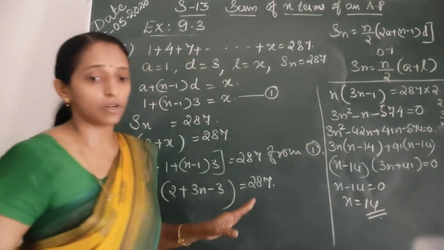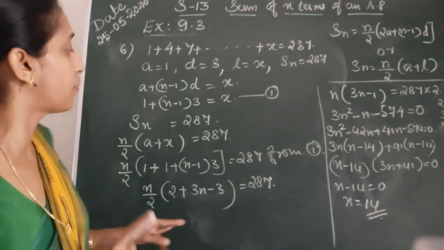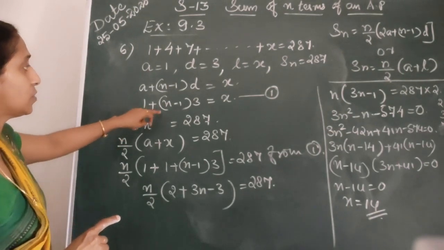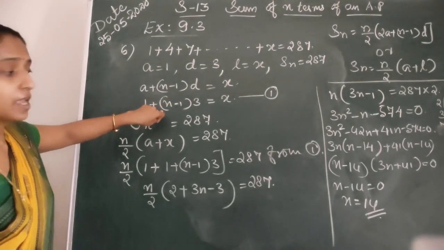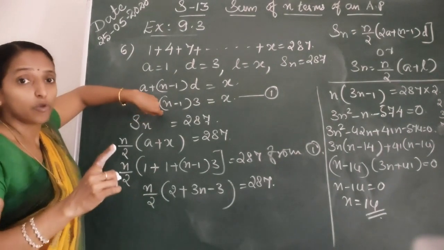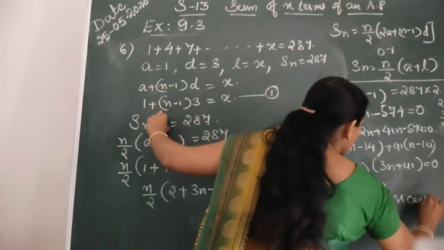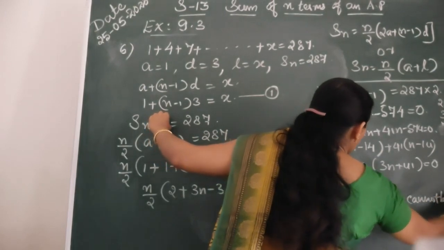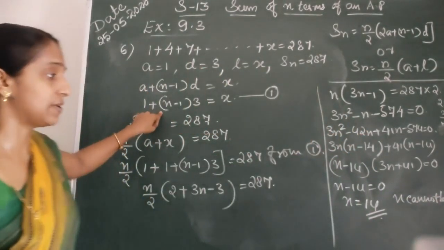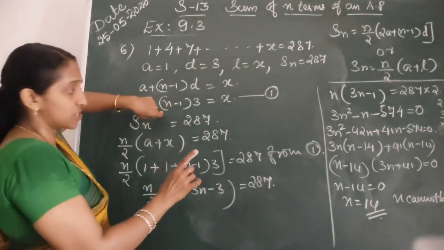Right? Question not yet over. We have to solve for x. We have to find the value of x. And n we got as 14. n cannot be negative, that you can mention there. So n we are getting as 14.